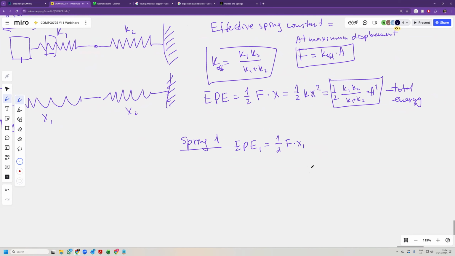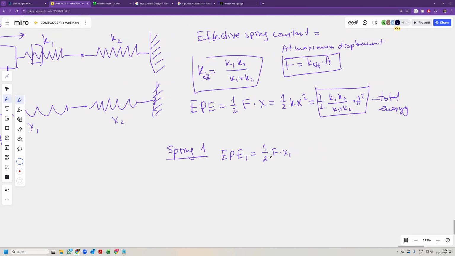Now the force is the same, and the extension of spring one is the force divided by K1. So that's going to be K effective times A divided by K1, and that is K2A divided by K1 plus K2.